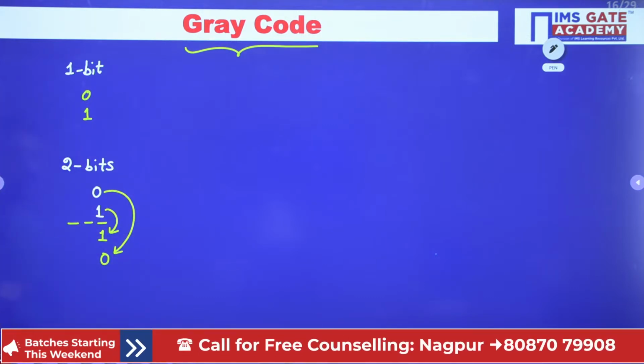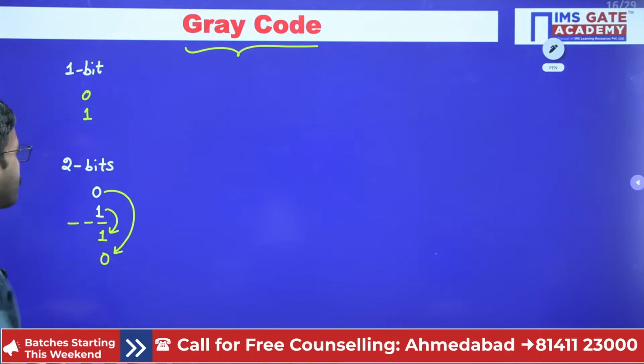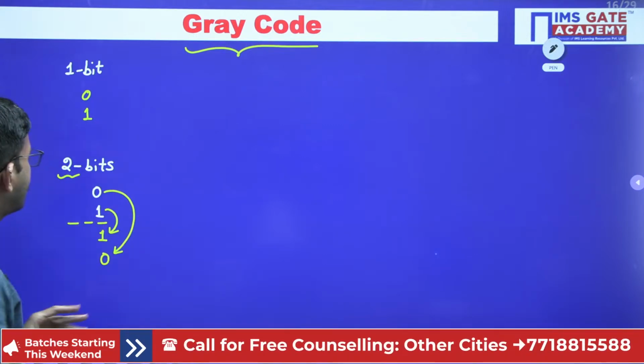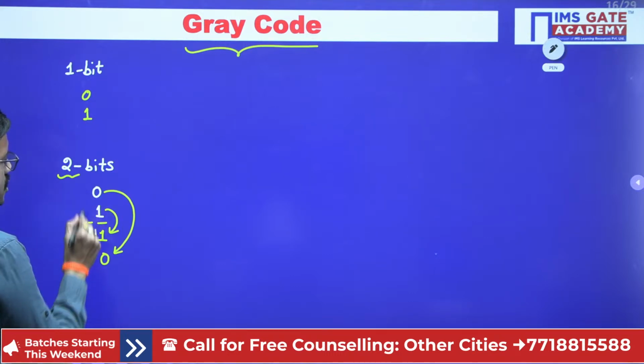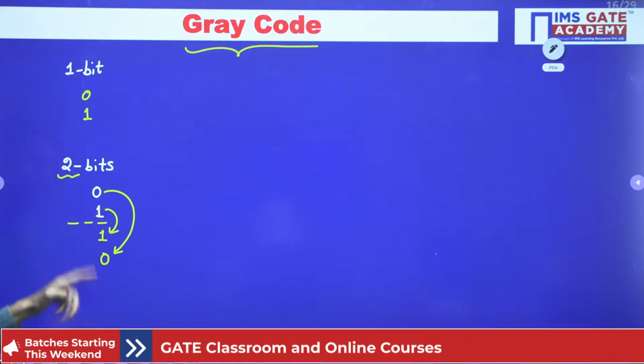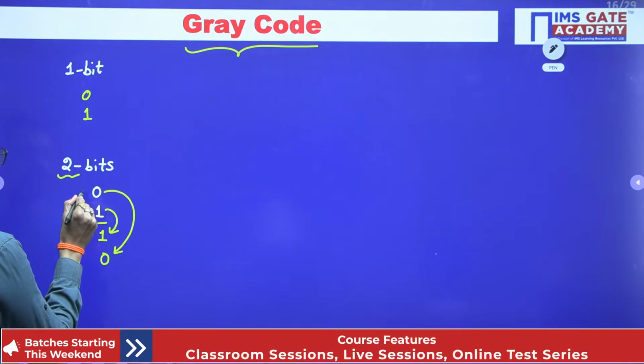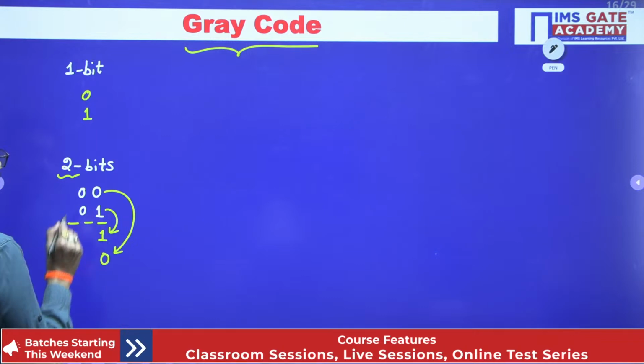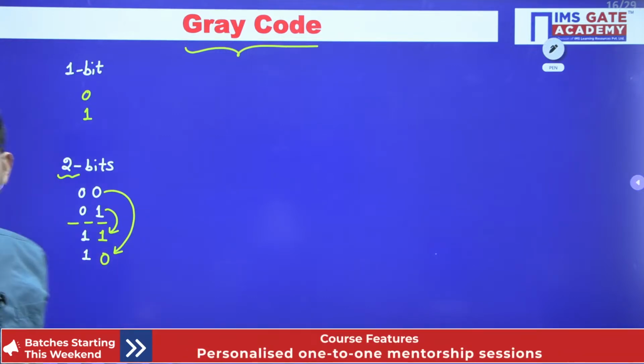After this, what is our requirement? We want the gray code of 2 bits. For the first half of the combinations, here we get 4 combinations in total, you simply put 0. For the other half of the combinations, you simply put 1. That's all.